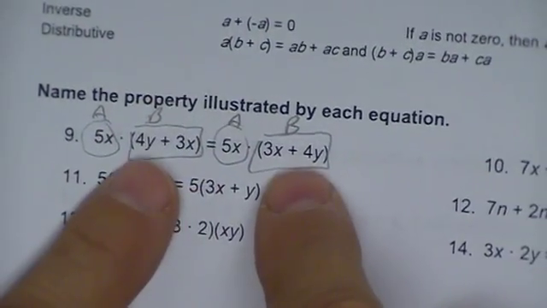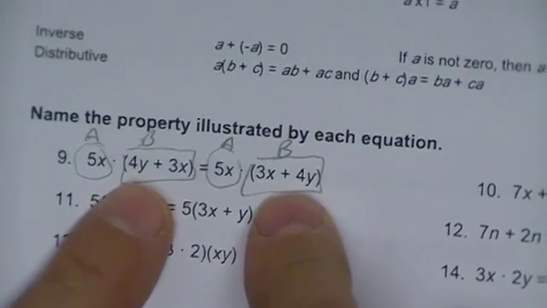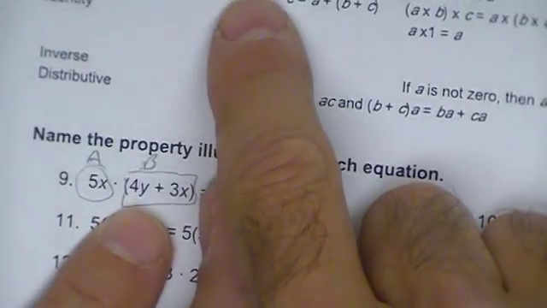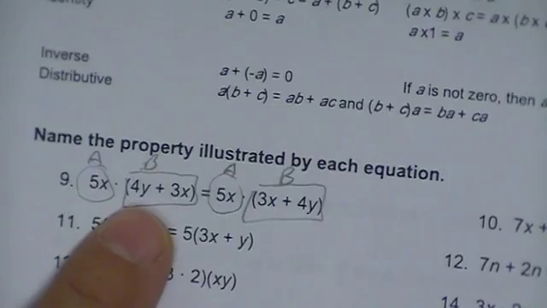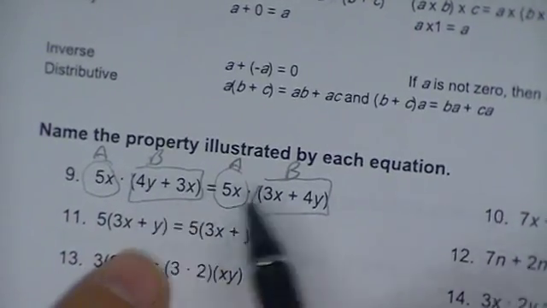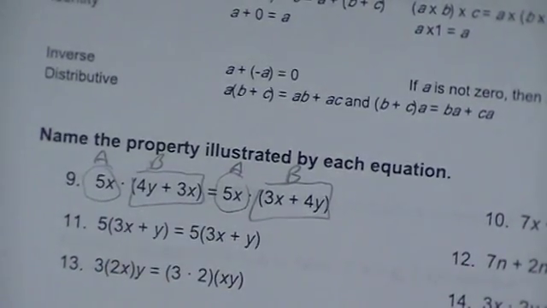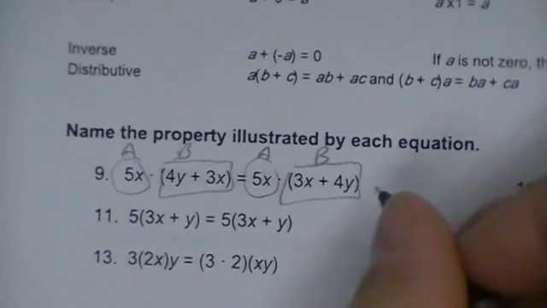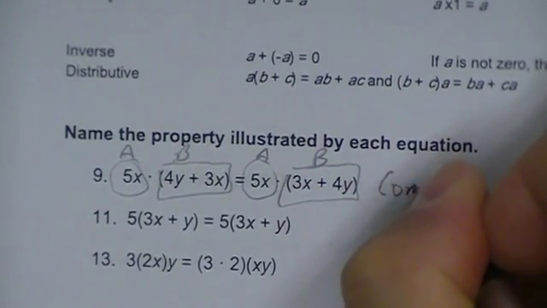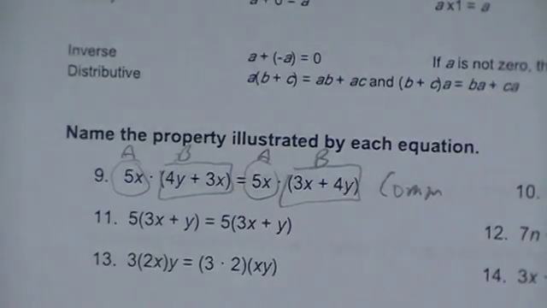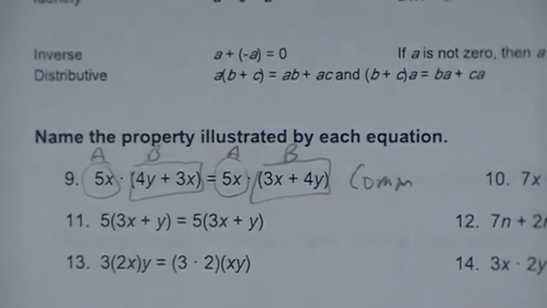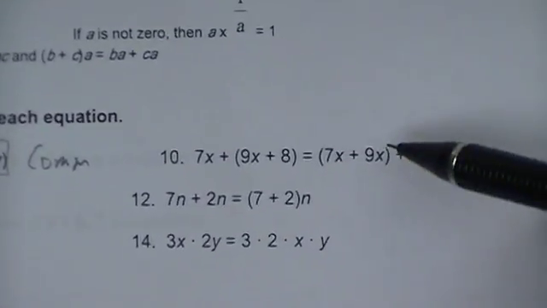So you got to look at that and say, okay, which one of those does it fit into? If you look at that, the property would be commutative property, and we can just abbreviate commutative property. Okay, 10, same thing.